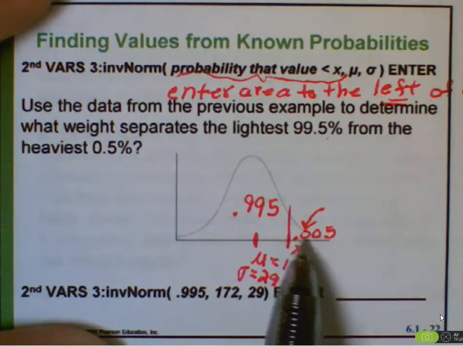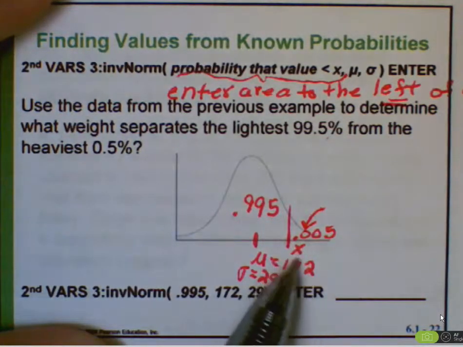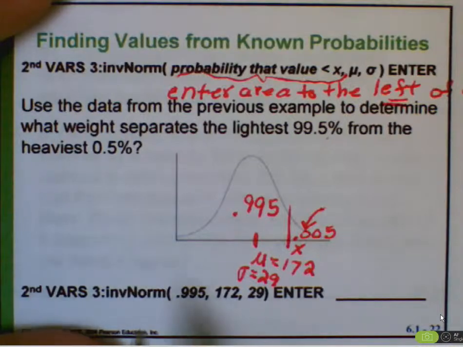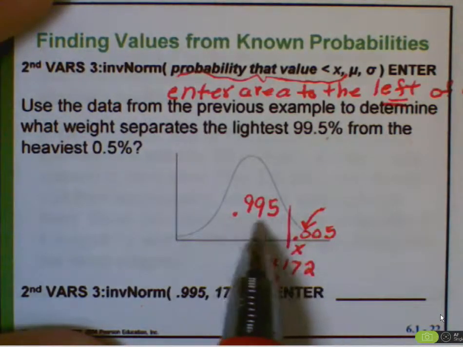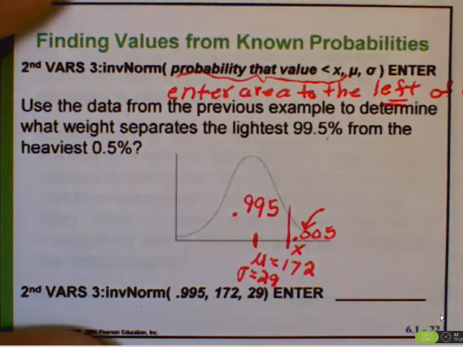These are the weights of the heaviest 0.5% of the population, and I'm looking for this weight that separates them. So I use inverse norm. I always have to enter the area to the left, 0.995, and then also enter the mean and the standard deviation.